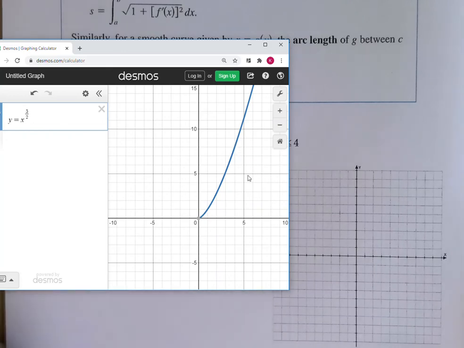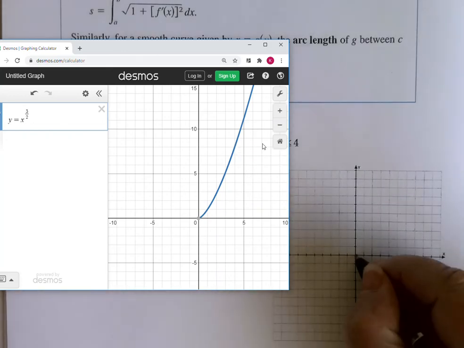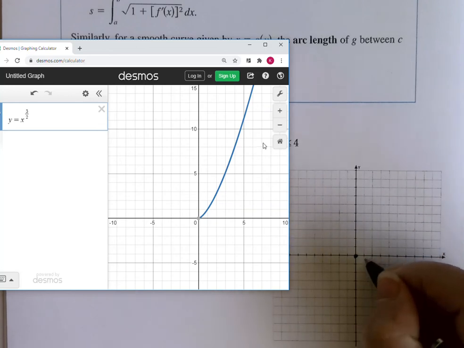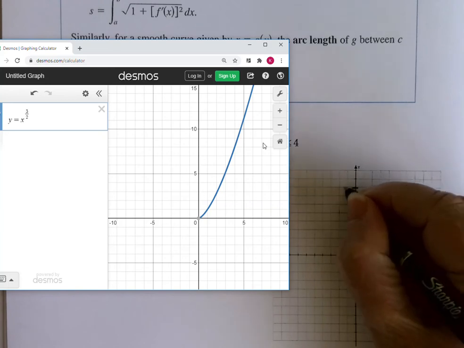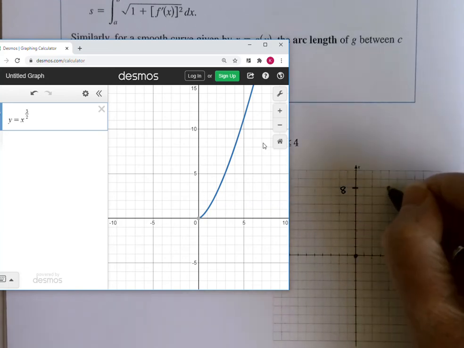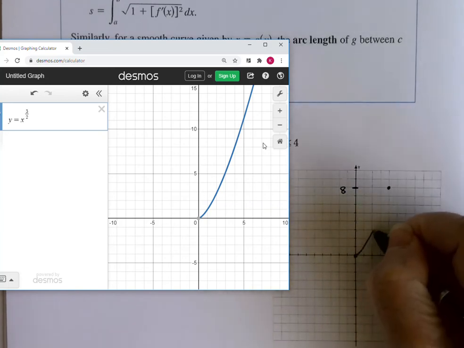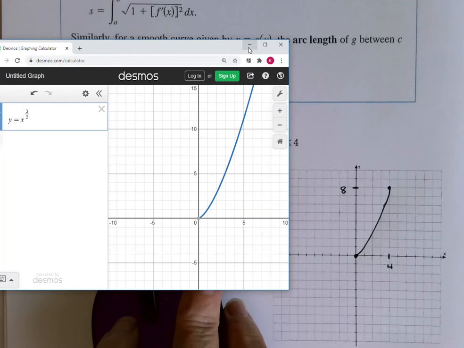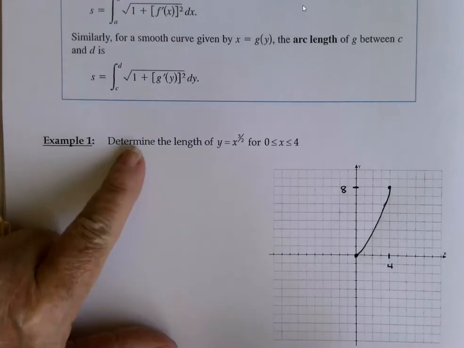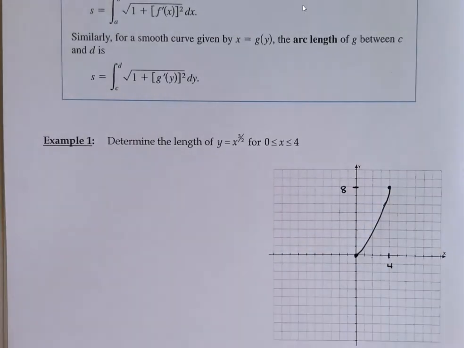So in my picture, I'm going to go from 0, 0 to 4, 8. We've got that curve kind of joining them. So it's this length that I'm trying to find.